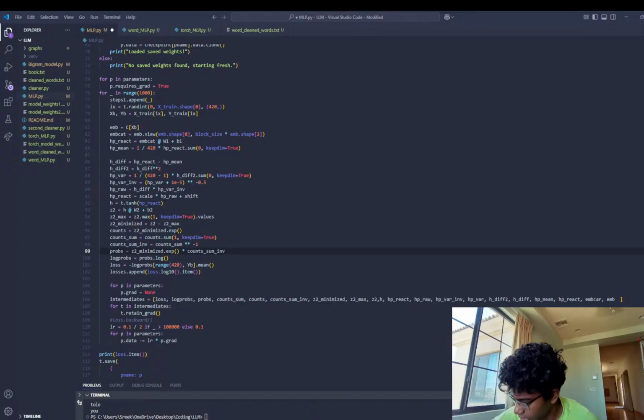So negative log of the predicted. Also dL by dprobs, well, we don't just take the log of probs. Okay, wait, this is the mean loss, right?